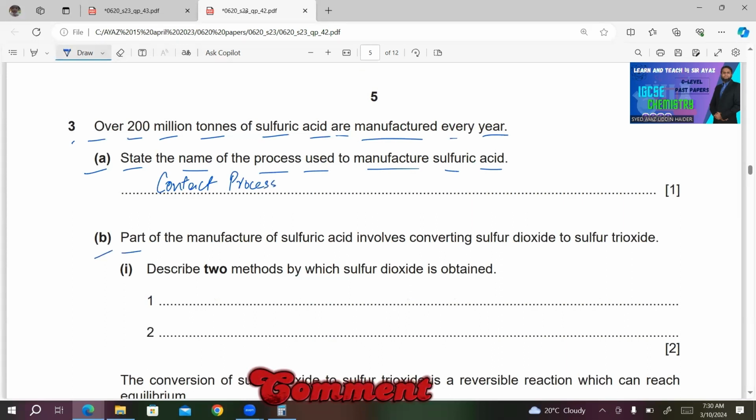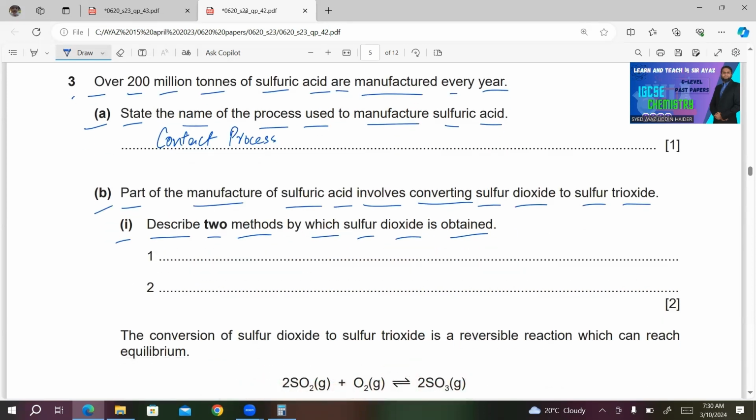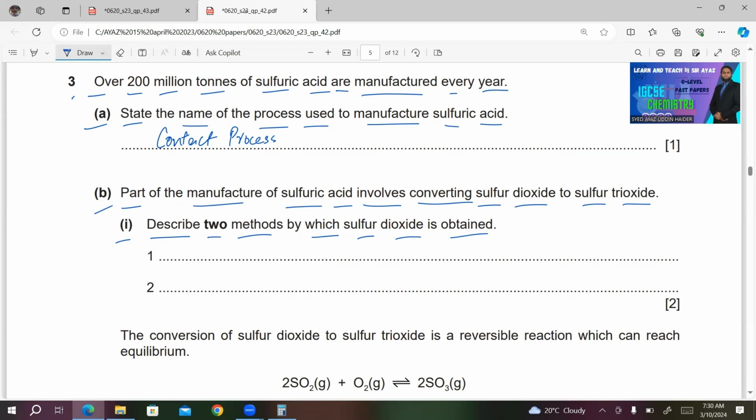B. Part of the manufacture of sulfuric acid involves converting sulfur dioxide to sulfur trioxide. Number 1. Describe two methods by which sulfur dioxide is obtained. Now you can burn sulfur in air, or you can involve sulfur ores like zinc blend and roast it.